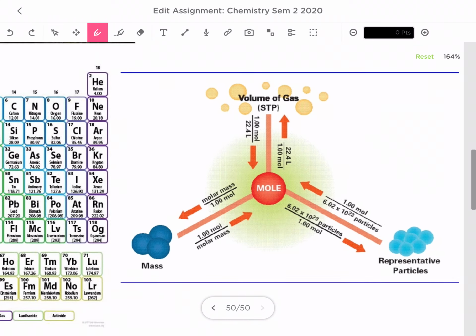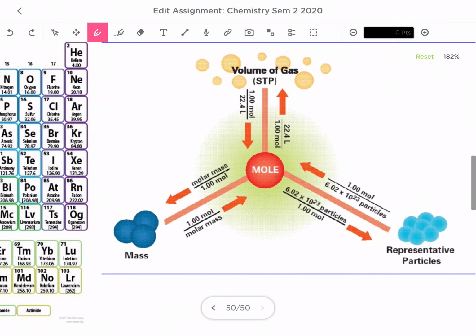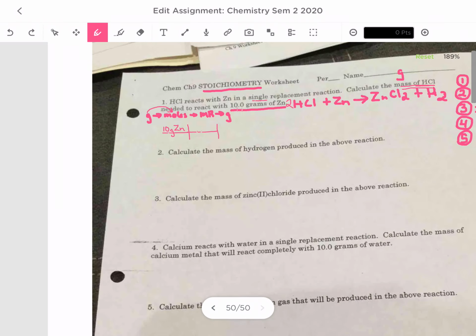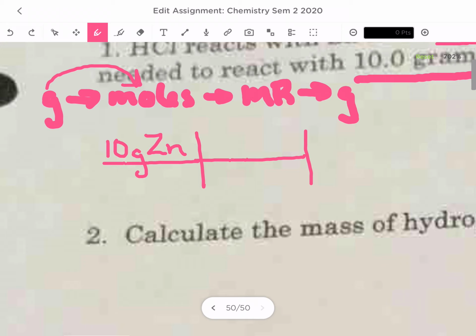And if we look here, to go from mass to moles, we use 1 mole over the molar mass. So we have 1 mole of zinc over the molar mass of 65.38 grams of zinc.